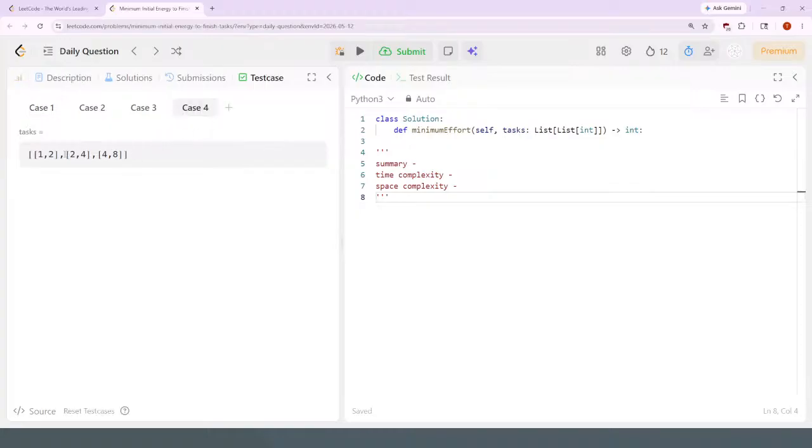Let's say it was something like 1, 2, 20, 40, and then maybe another 1, 2. So here the answer should probably be 40. But if it was just 2 plus 20 plus 1, that wouldn't be 40, right? Yeah, this one should be 40.